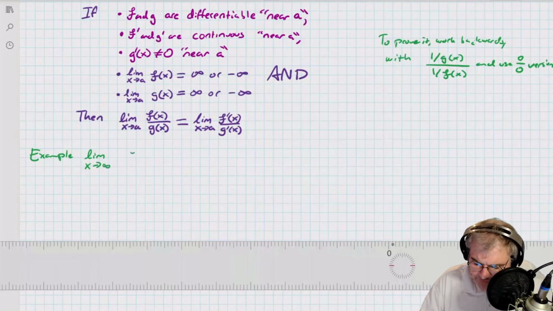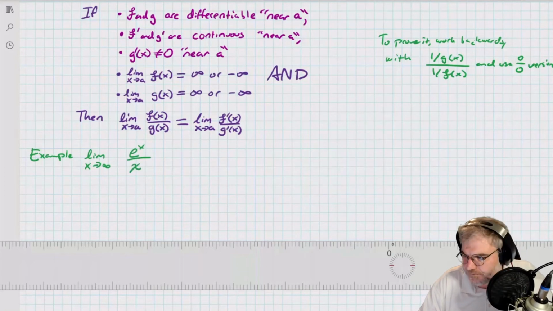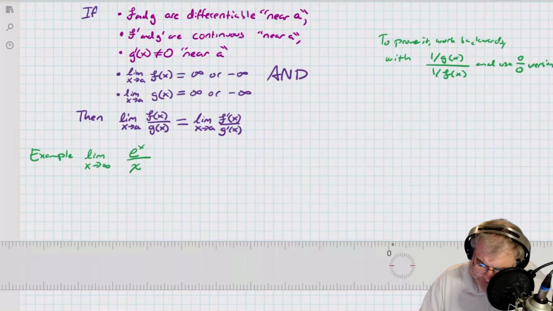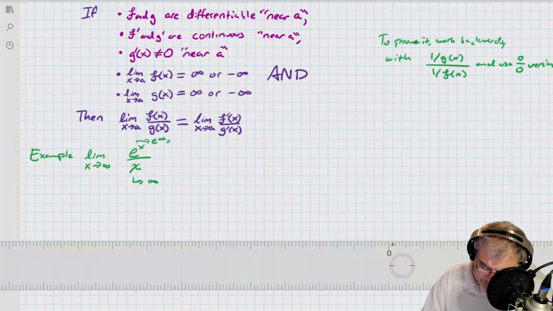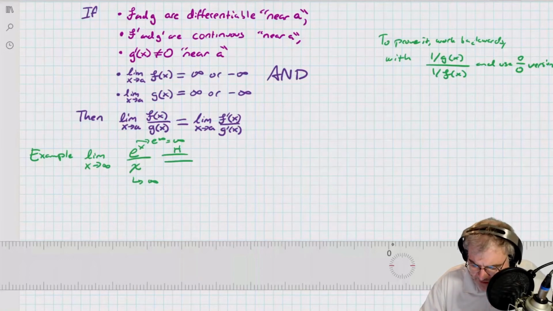The limit as x goes to infinity of e to the x over x. Why not? Okay, well, this bit goes to infinity. This bit goes to e to the infinity, which equals infinity. So I apply L'Hopital's rule. Now, note these are separate theorems, but I've only got one h.